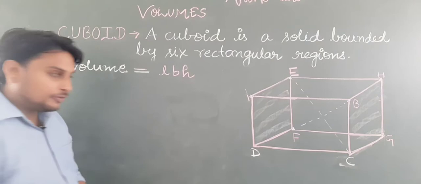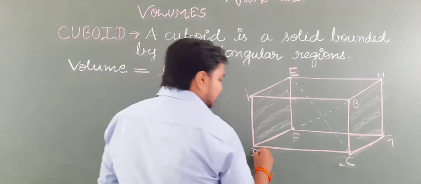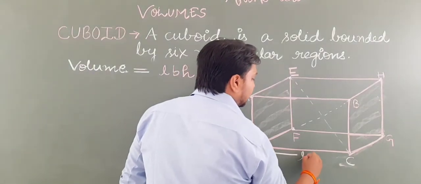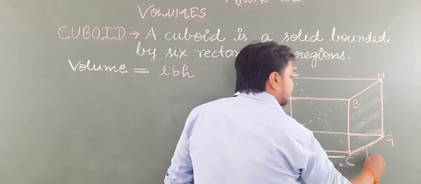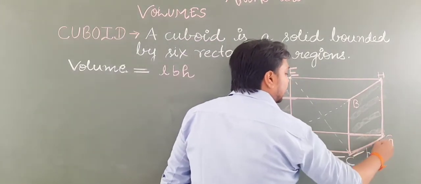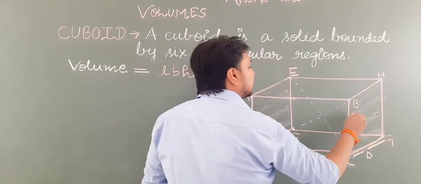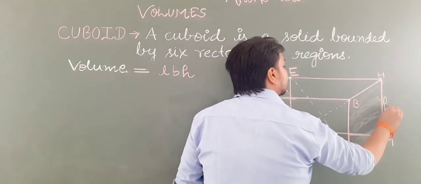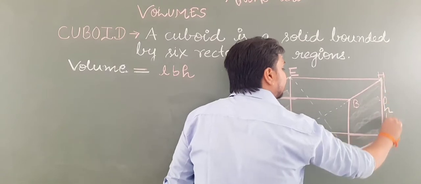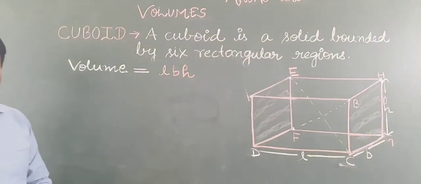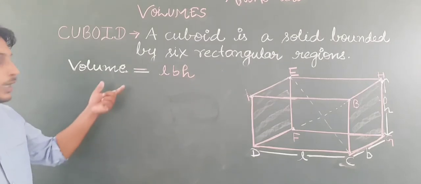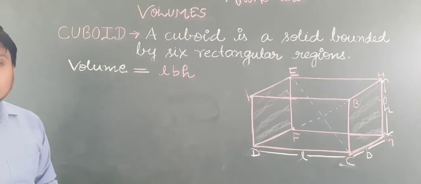If this is the length of the cuboid, this is the breadth, and this one is the height, then the volume of the cuboid will be length into breadth into height.